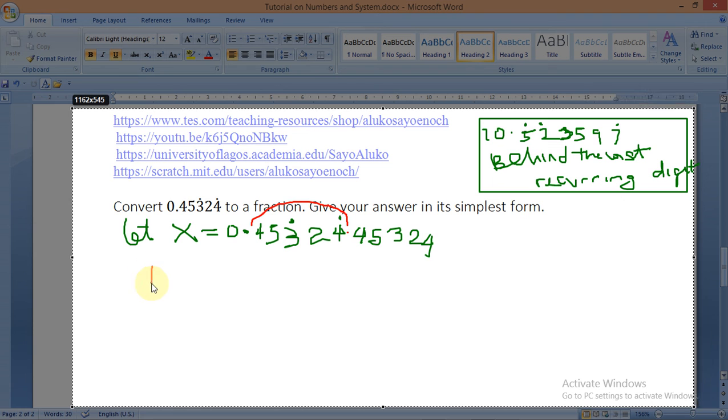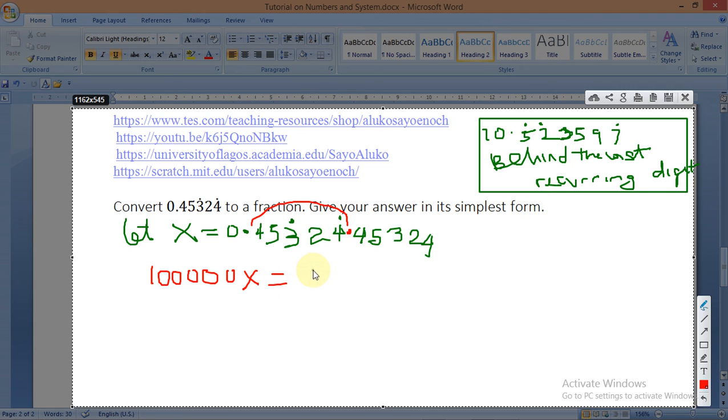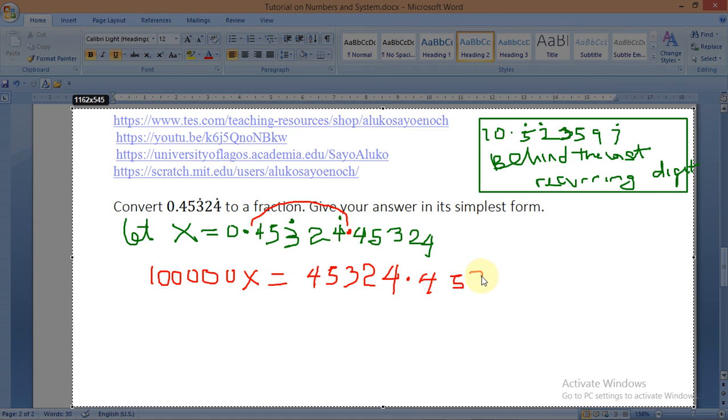So multiply this one now, because I have 5 digits in between the initial decimal point and the final decimal point, so that this dot comes behind the last digit. So x equals 4, 5, 3, 2, 4 dot, then 4, 5, 3, 2, 4.